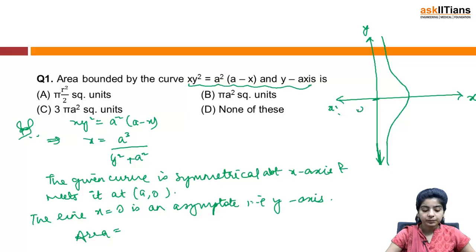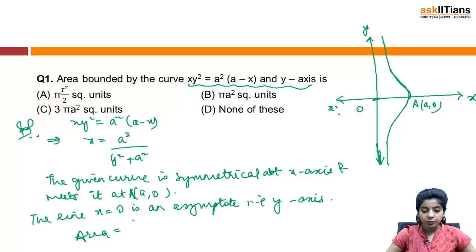This is our origin. This would be the point (a, 0), because the curve is intersecting. It is symmetrical about the x axis, first thing. So symmetrical about the x axis, the y axis is the asymptote and it meets the x axis at (a, 0). Let me name this also as (a, 0).